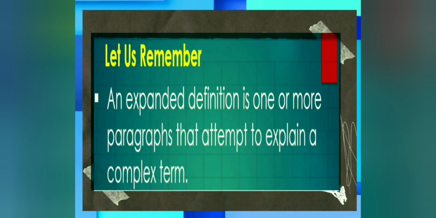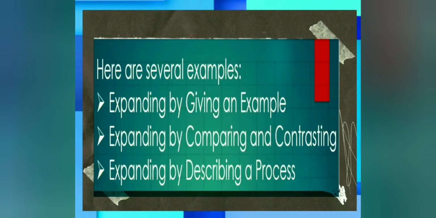A definition is one or more paragraphs that attempt to explain a complex term. Here are several examples. Expanding by giving an example. Expanding by comparing and contrasting. Expanding by describing a process.